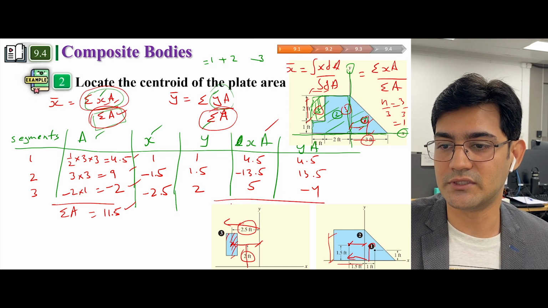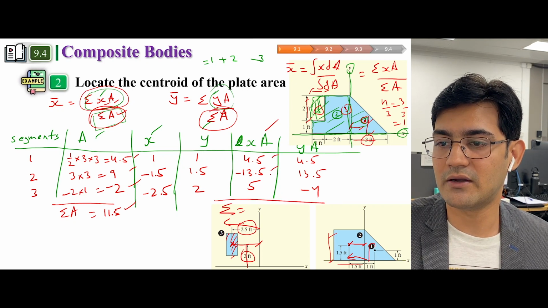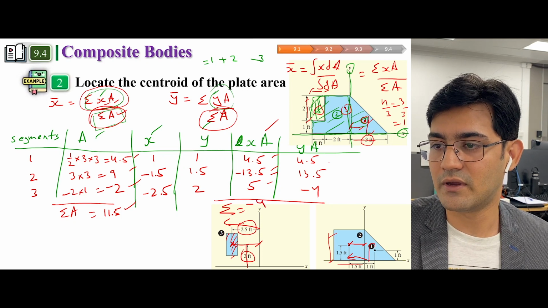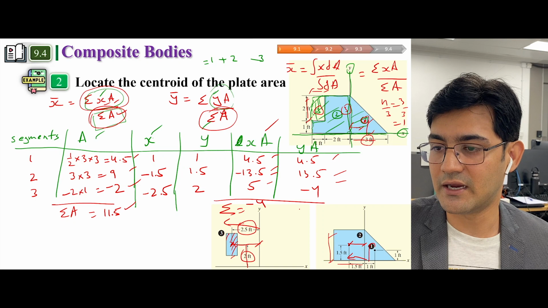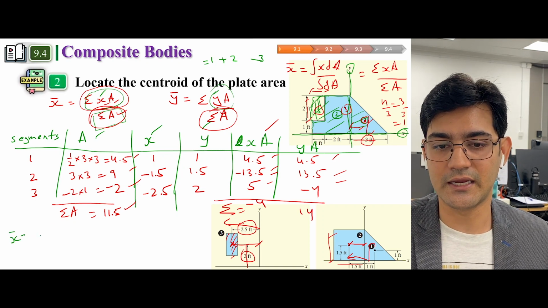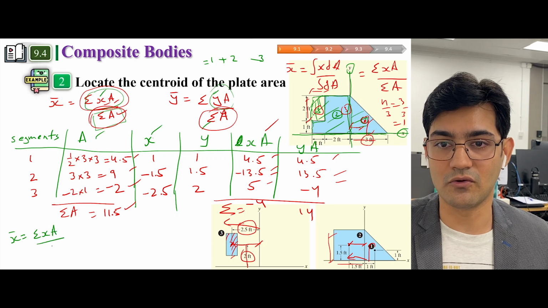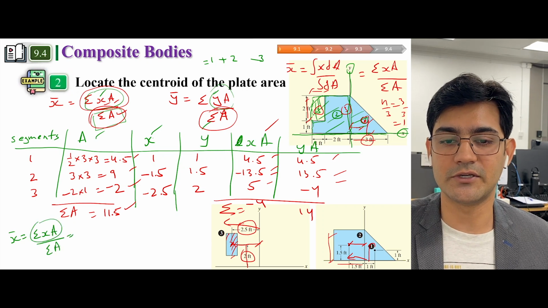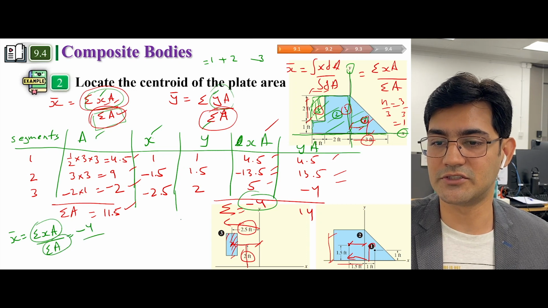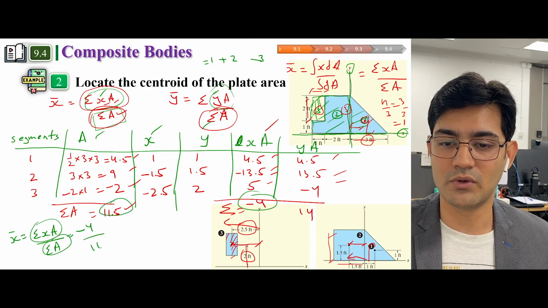Now let's just do the summation. So if you add all these three quantities, you will get minus 4, and if you add all these three quantities, you will get 14. Now what was the formula for x bar? It was summation of xa over summation of a. So summation of xa is minus 4, and summation of a is 11.5.